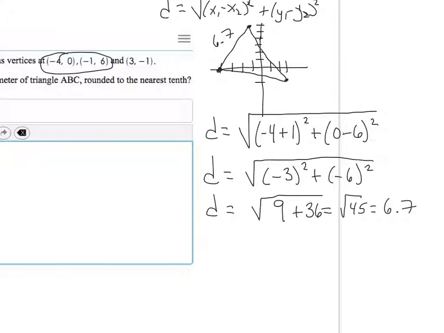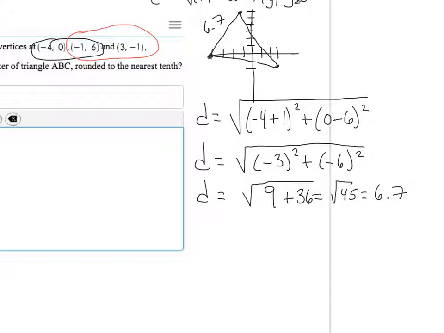So now I'll take 2 other points. I'll take the last 2, (-1, 6) and (3, 1), and I'm going to do the distance formula again. So it's the square root of (-1 minus 3) squared plus (6 minus 1) squared.